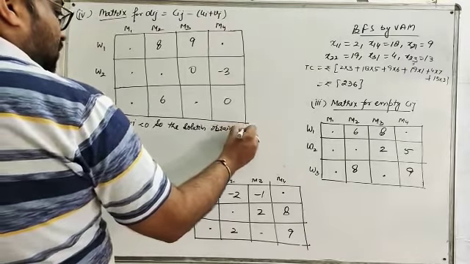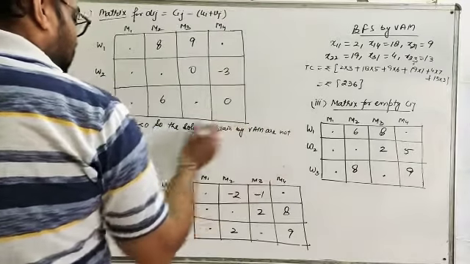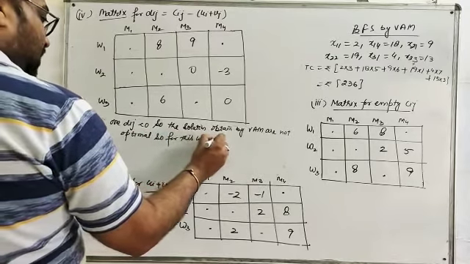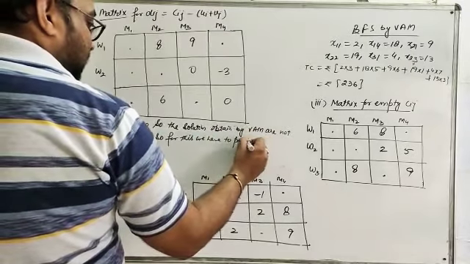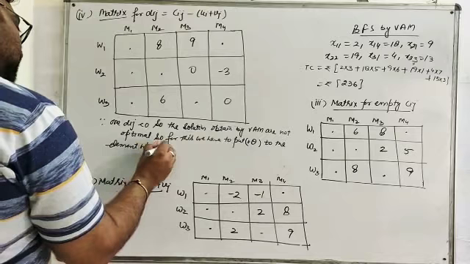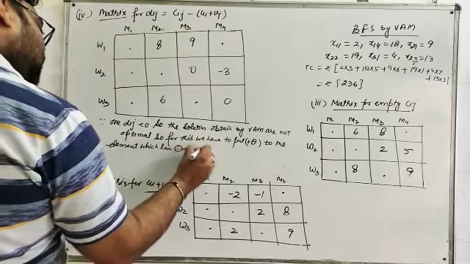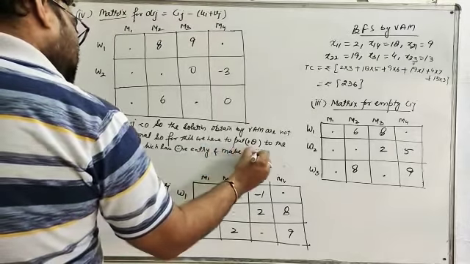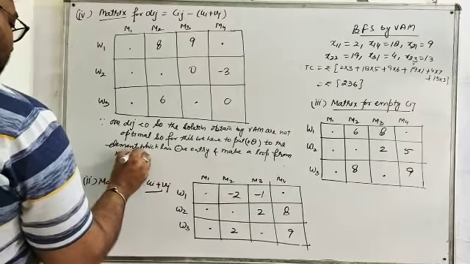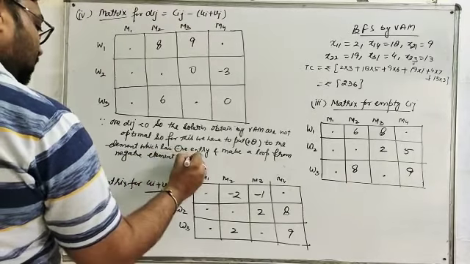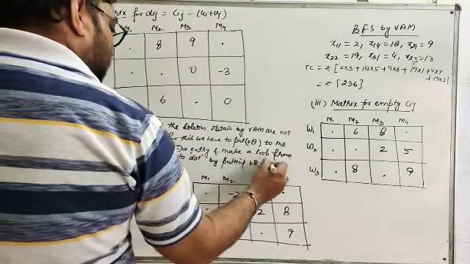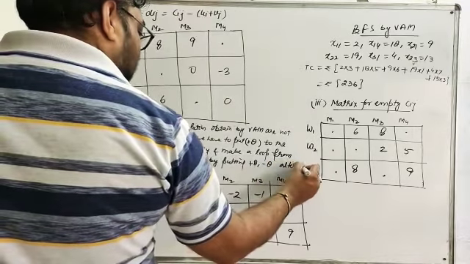obtained by VAM is not optimal. So for this, we have to put plus theta to the element which has negative entry and make a loop from negative element to dot by putting plus theta, minus theta alternately.